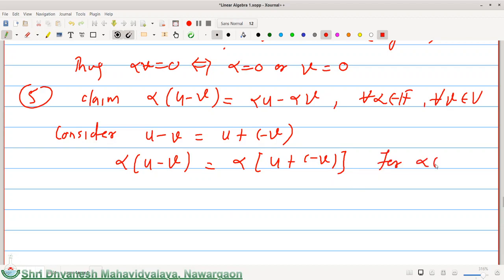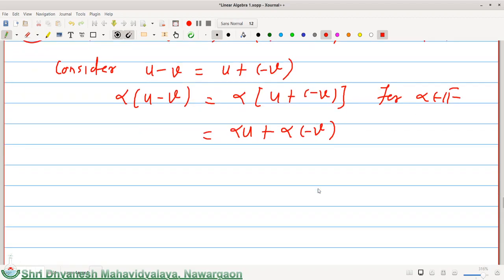for alpha belongs to field F, and from distributive properties you will get this as alpha into u plus alpha into minus v, by distributive properties.